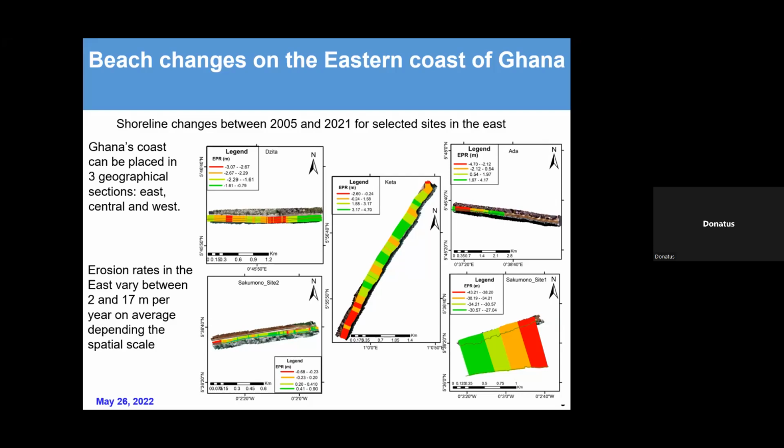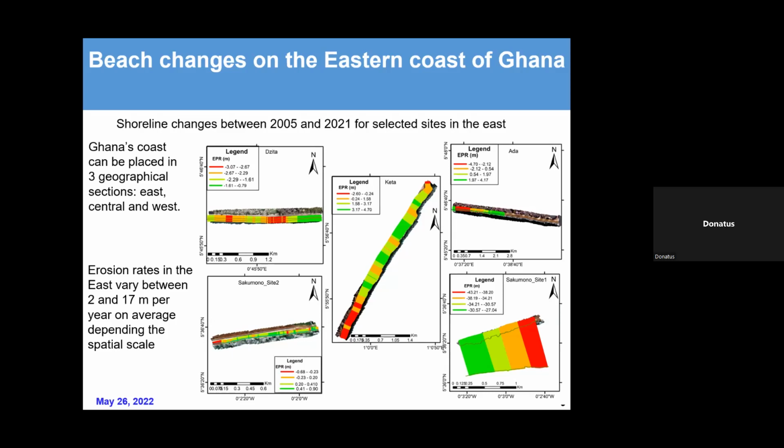And it's reported that it experiences erosion up to a tune of 17 meters per year, as the lady from MESTI presented. So I'll present to you 5 or 4 sites of the eastern section of the coast, which are the Keta. The Keta is more towards Togo. We have the Jita, Adan, and then Sakumono is more in the Accra area.